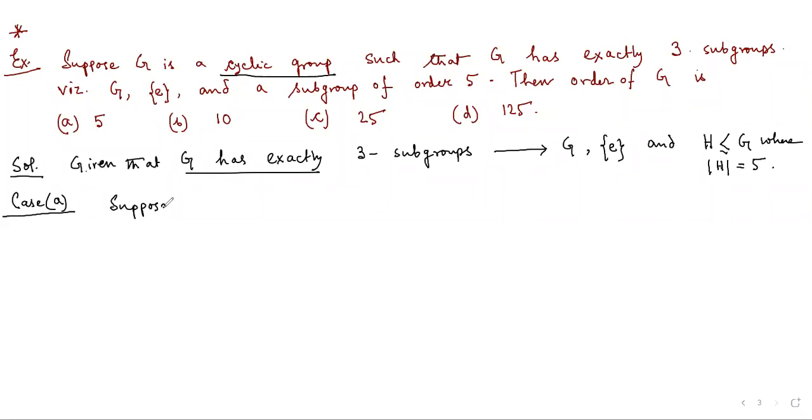Suppose the order of G, or cardinality of G, is equal to 5.